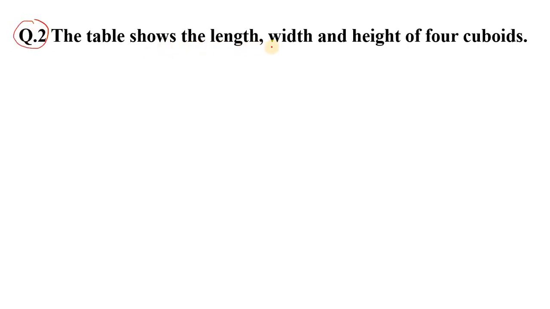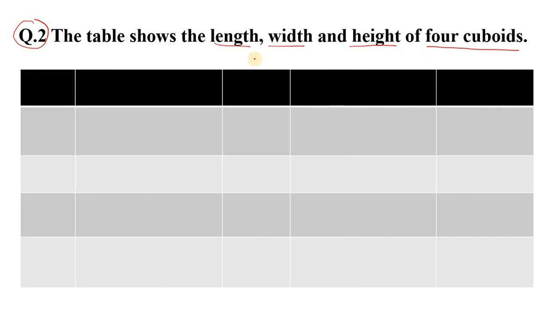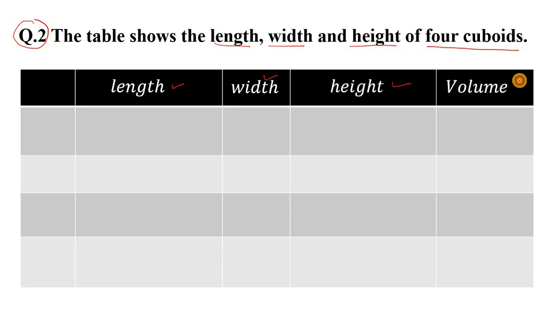The table shows the length, width and height of 4 cuboids. This is the given table. The first one is length, this one is width, and this one is height. Now we are going to find the volume. Question number 1.